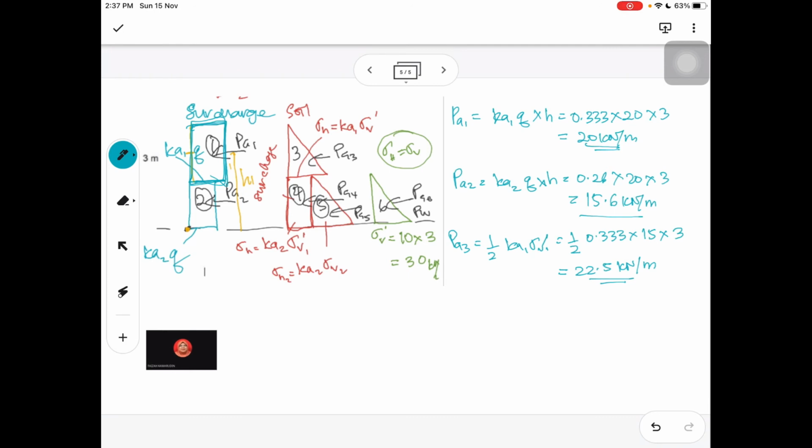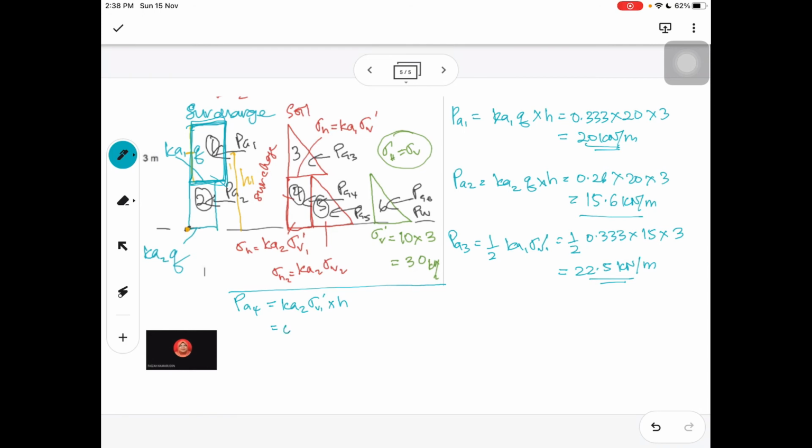Okay, now let's see PA4. So PA4 is rectangular shape. So how to get the PA4 based on the rectangular shape area. So PA4 equals base. The base is KA2 sigma V1 times height.